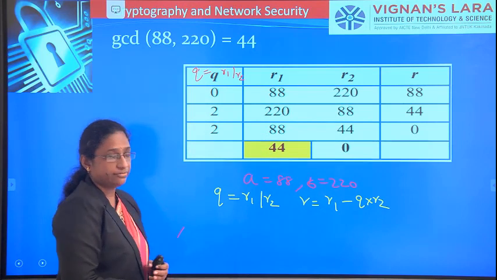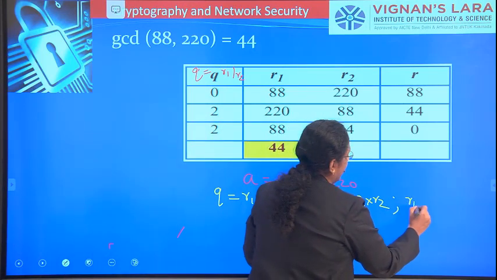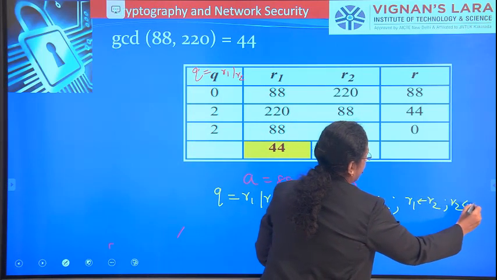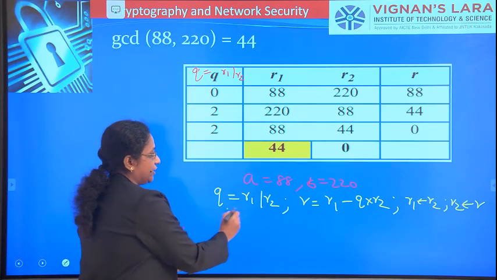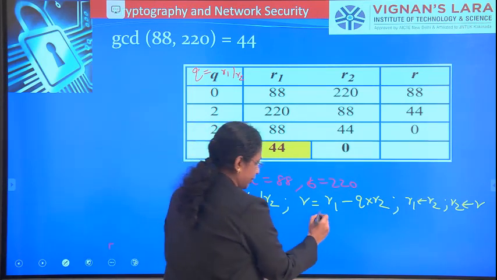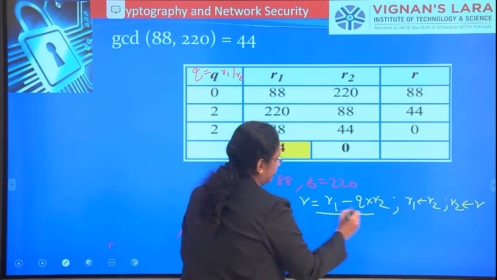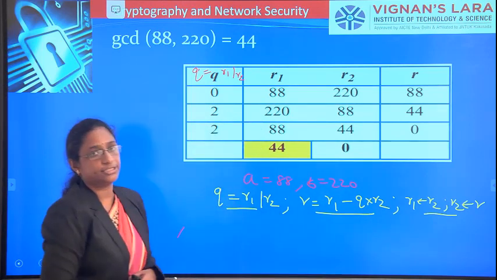After that, the third step is that you have to initialize the values: R1 implies R2 and R2 implies R. So these are the three steps that you have to do. First you calculate the quotient, then the remainder, and after that you do the initialization.